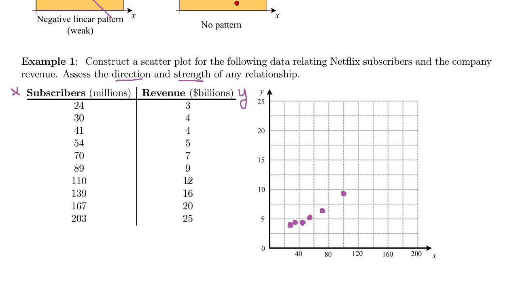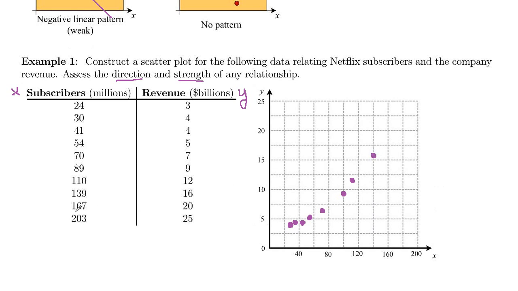Then 110 and 12, so 110 to the right would be here, up 12, about right there. And then 139, so about 140, and then up 16. So 140 to the right on this line, up 16, about right there.